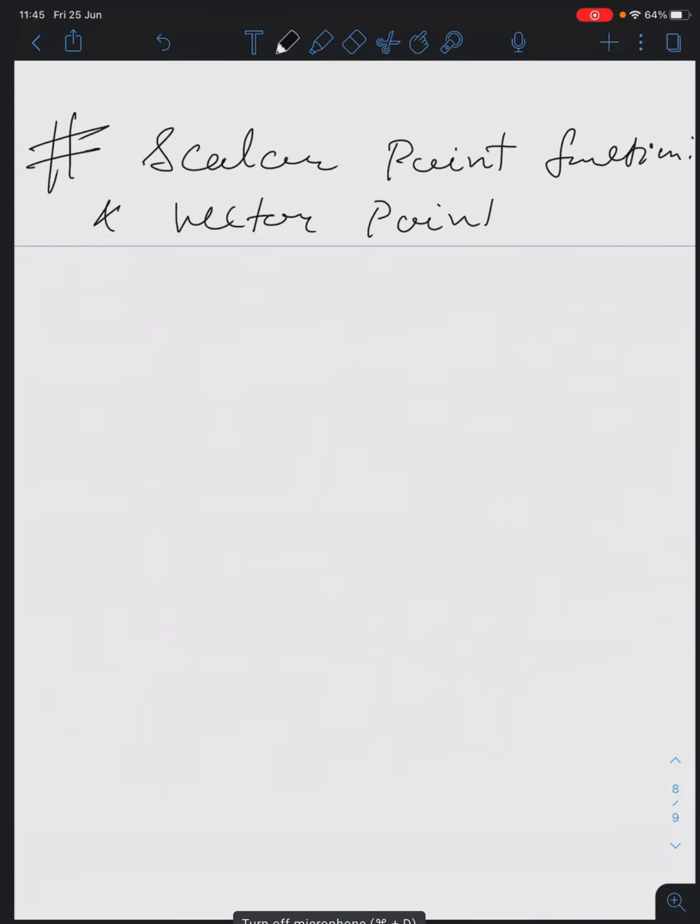Vector point function. Okay, so consider a region in 3D space.